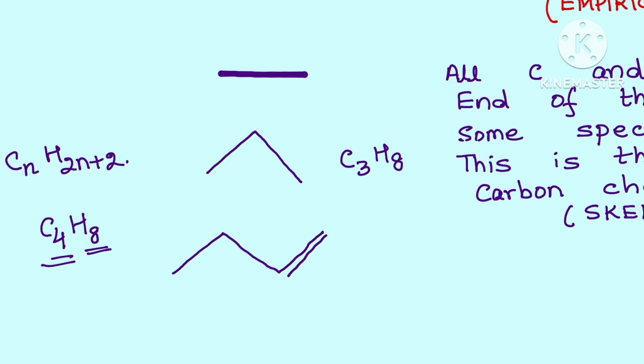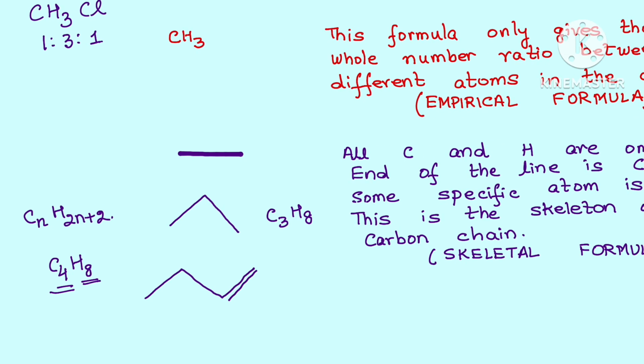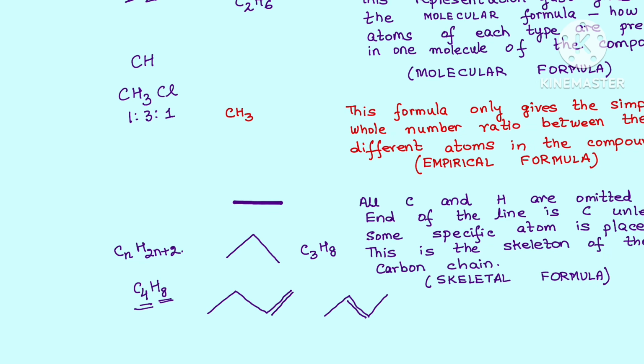And that's it. This becomes C4H8. This can also be represented as 1, 2, 3 and 4. And I could have removed the hydrogen from these 2 carbon atoms as well, and we could have drawn it like this. Yes, there are 2 structures possible for C4H8.